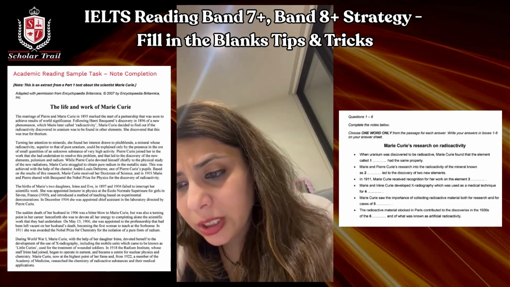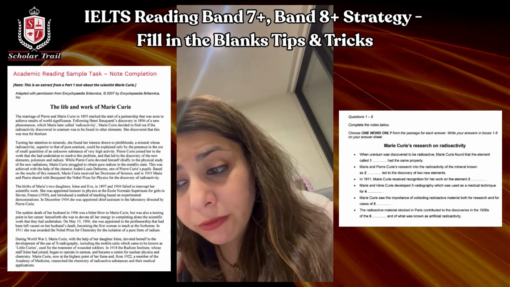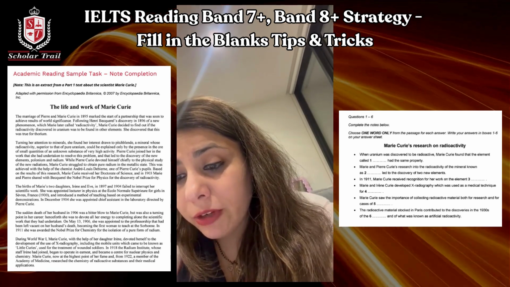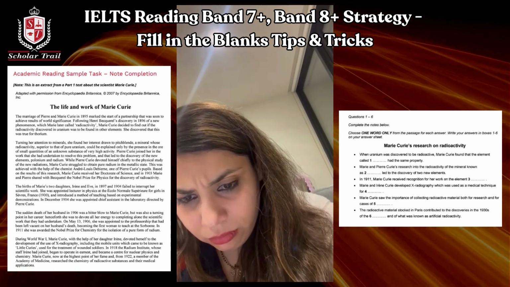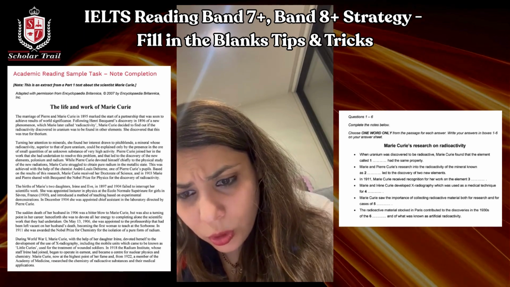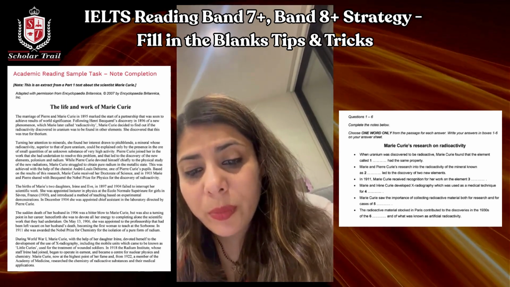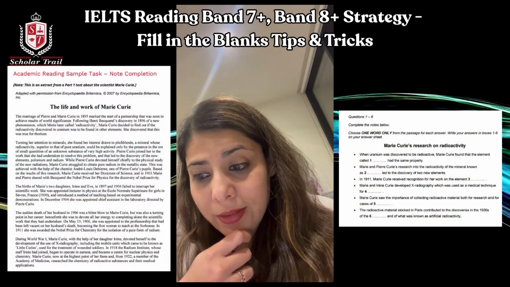So radioactive material stocked in Paris. Again, now you can see paraphrasing, the same sentences written in a different way. Contributed to the discovery in 1930s of the radium. Sorry, of the, so what led to the, okay, next sentence. This work prepared the way for the discovery of neutron. So the answer is neutron. So the answer of question 6 is neutron.